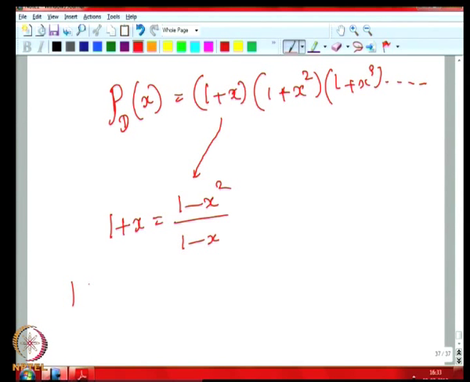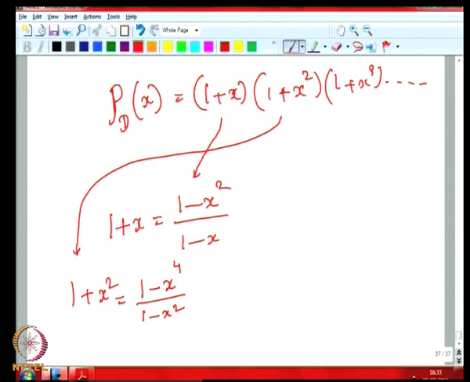Similarly, 1 plus x square, the second term, can be written as 1 minus x raised to 4 by 1 minus x square, right. If you multiply this and this, you will get 1 plus x square into 1 minus x square is 1 minus x raised to 4. Similarly, 1 plus x cube can be written as 1 minus x raised to 6 by 1 minus x cube and so on.